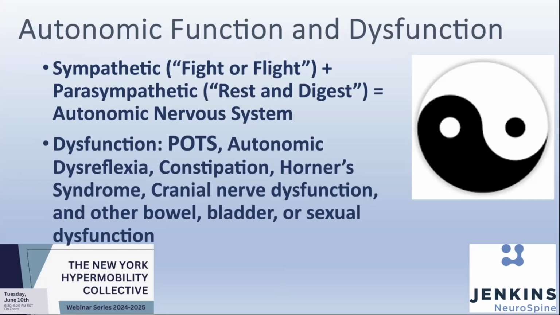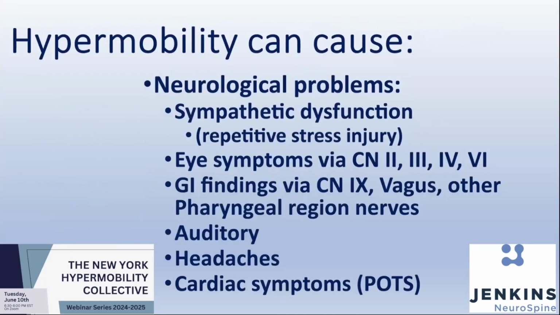This can result in a broad spectrum of symptoms, including repetitive stress injury on the sympathetics. You can get cranial nerve dysfunction from the impact of one nerve on other nerves. You can have gastrointestinal symptoms because the vagus nerve and the hypoglossal nerve tend to control some of the gastrointestinal function.